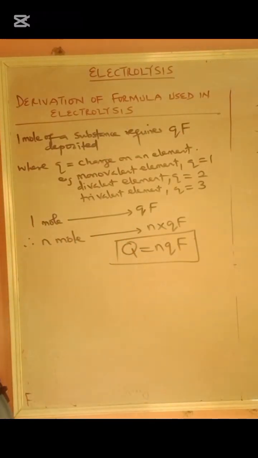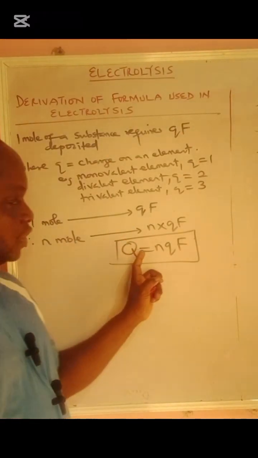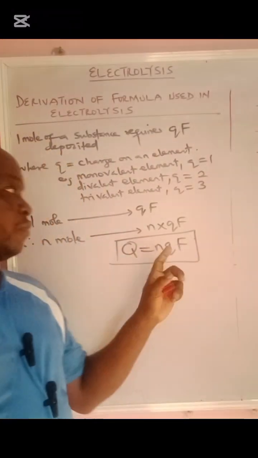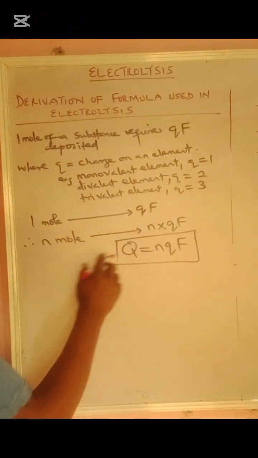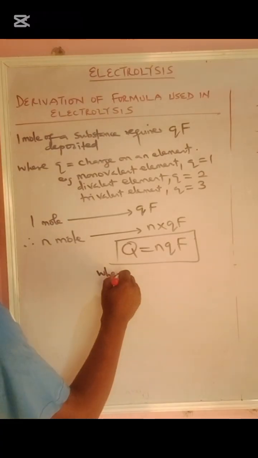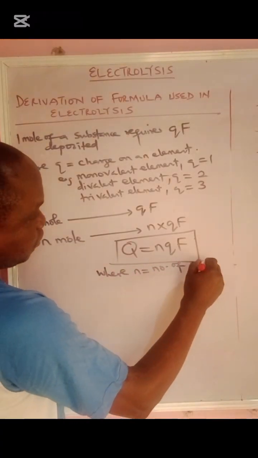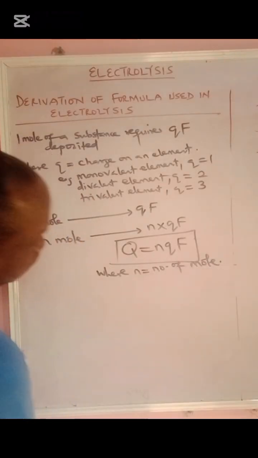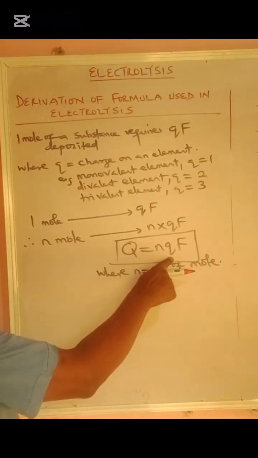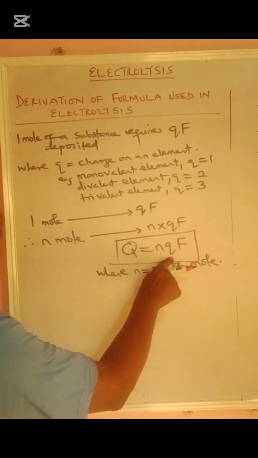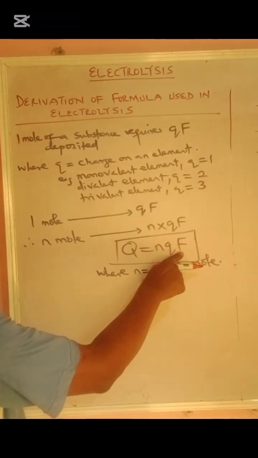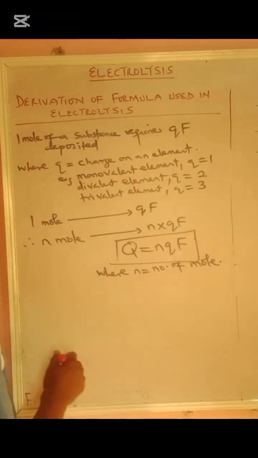Another formula for quantity of electricity is NQF, where N means number of mole. This one is charge on a metal or an element. This one is Faraday, 96,500 coulomb. That is formula 3.